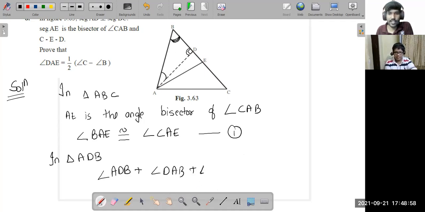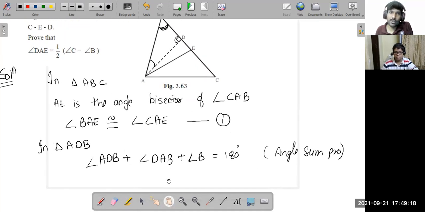I'll just name this as B because it is common. So this will be equal to 180 degrees, and here I'll write angle sum property.